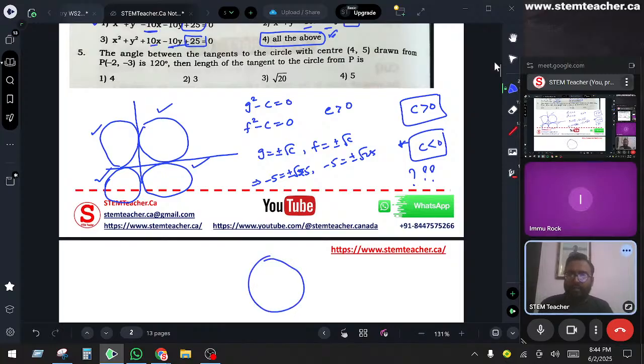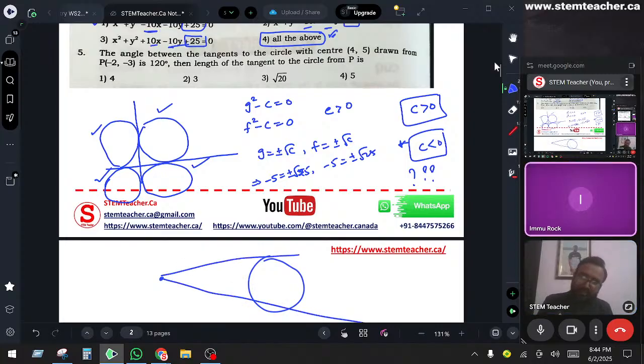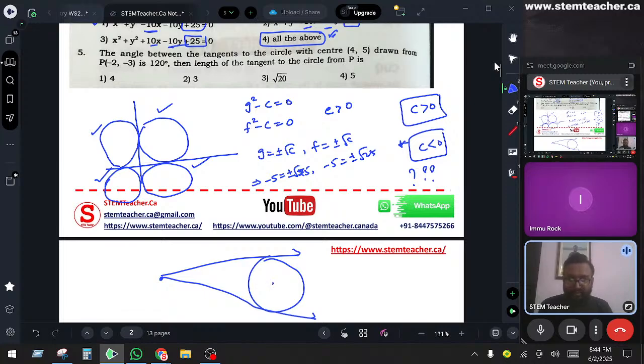Angle between the tangents means he has given this angle. This is one tangent, this is another tangent. The circle with center given as the point 4,5. Tangents drawn from P, which is -2,-3. The angle is 120 degrees.